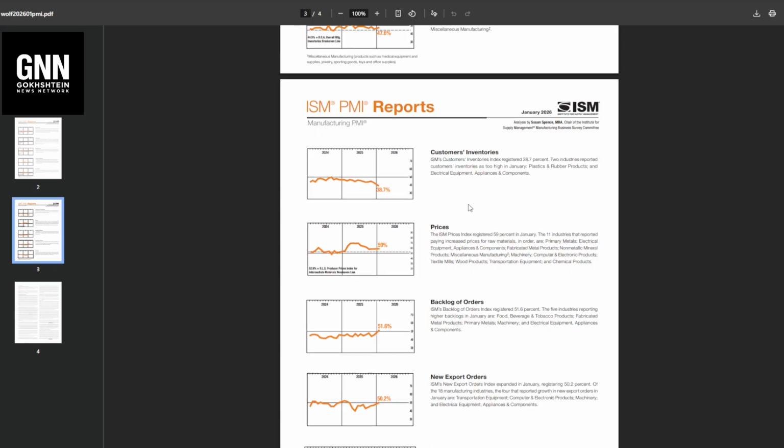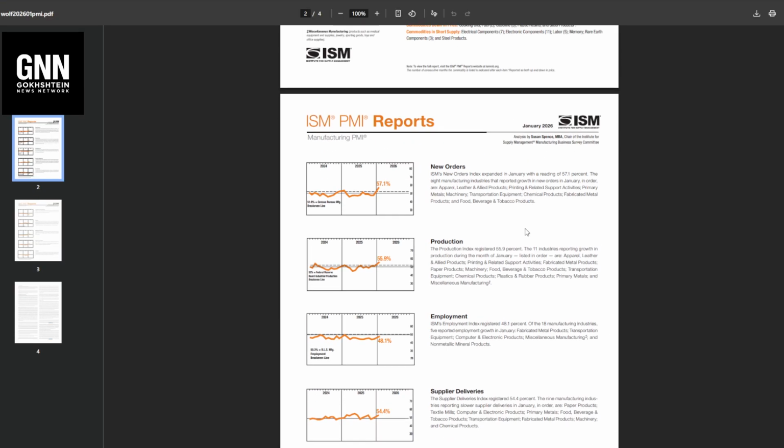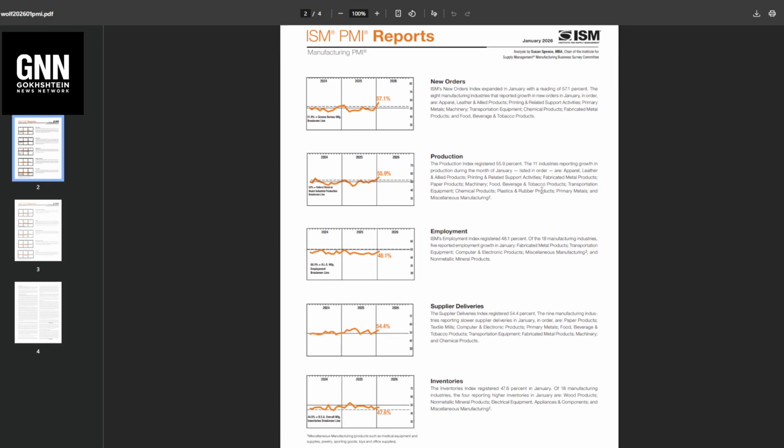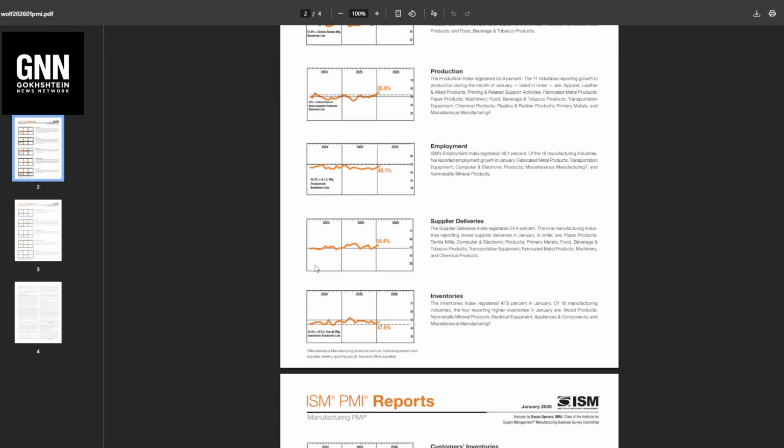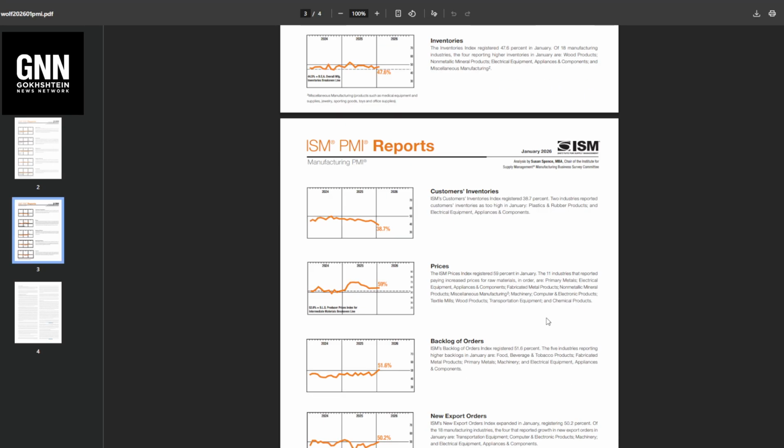So in terms of new orders, production, employment starting to come back up after a little bit of a rounded bottom there. Supplier deliveries are back up, kind of chopping. Inventories are starting to creep back up. Customer inventories, though, down. So this tells you the two industries that are reporting that their inventories are too high would be your plastic and rubber, and then electrical equipment and appliances and components.